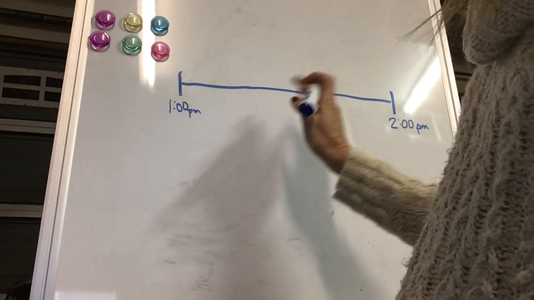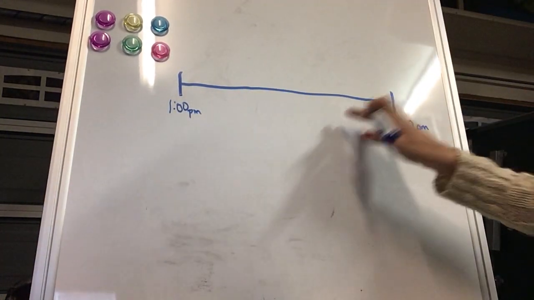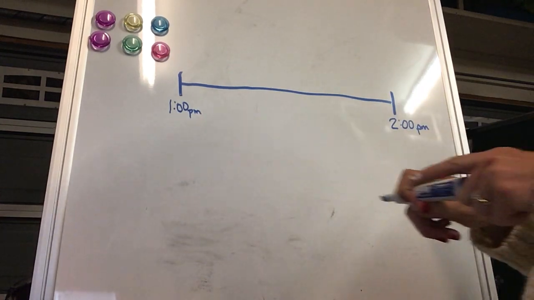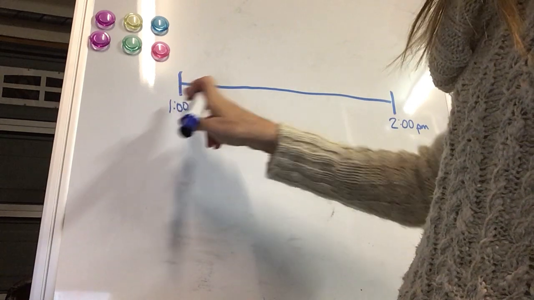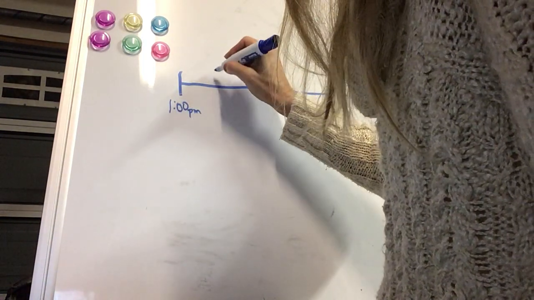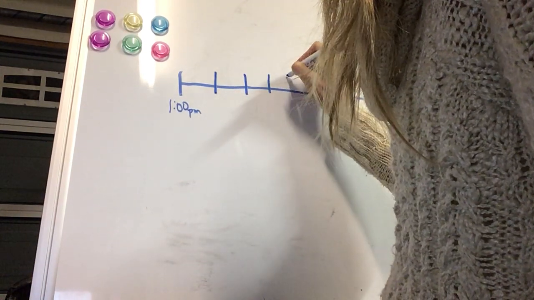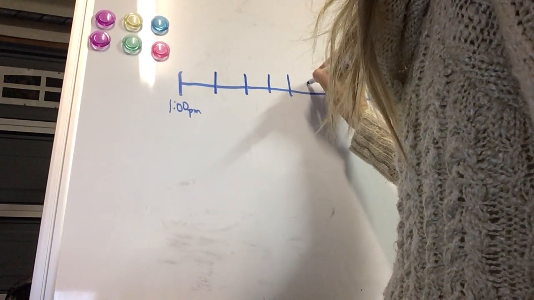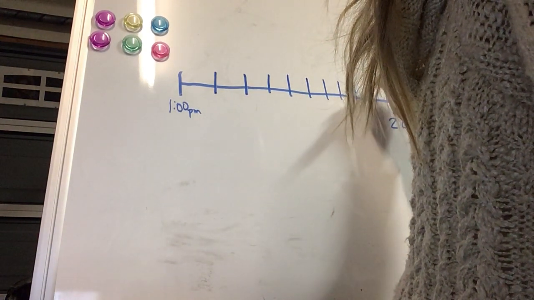Now, as we remember, in order to make time intervals with 5 minutes in between, just like a clock is, we need 13 lines. So I already have one there and I have one there. So I'm going to count from here. I've got 1 line, then I've got 2, 3, 4, 5, 6, 7, 8, 9, 10.